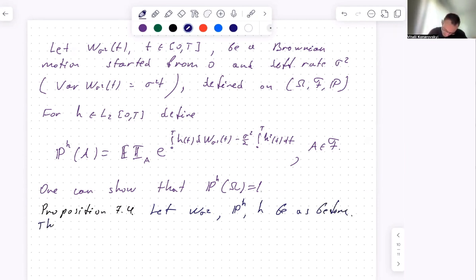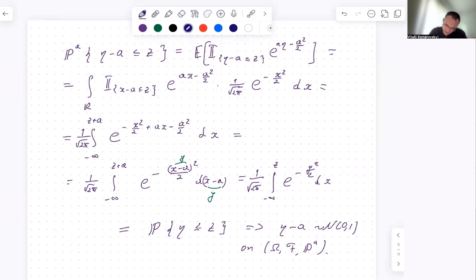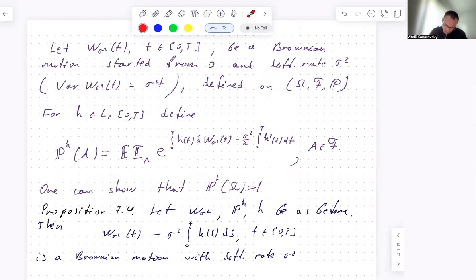Then the process W sigma square t minus sigma square integral from 0 to t of h of s ds is a Brownian motion also started from 0 with diffusion rate sigma square. The same as in that case, you see that we did the shift and the variance was not changed. So therefore, also in that case, the diffusion rate is sigma square, but now this shifted process is a Brownian motion on the probability space omega F and then P_h.